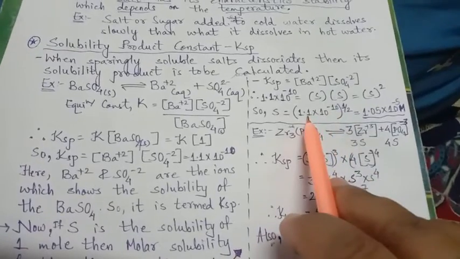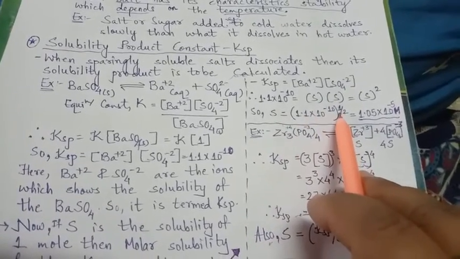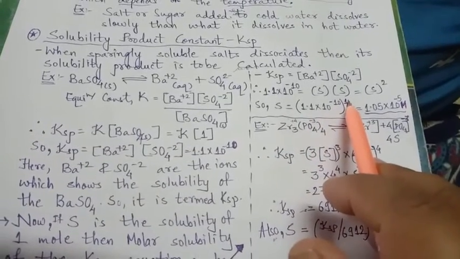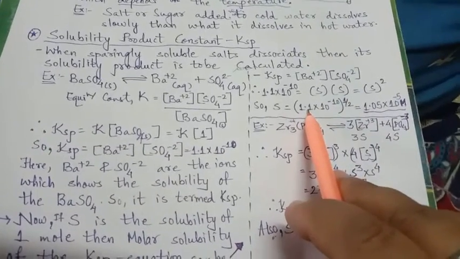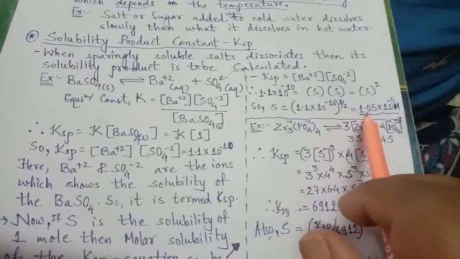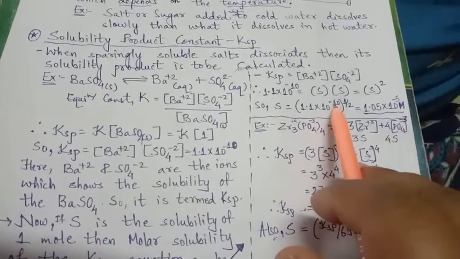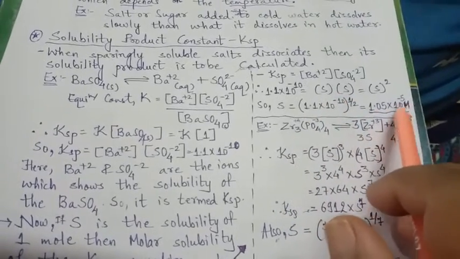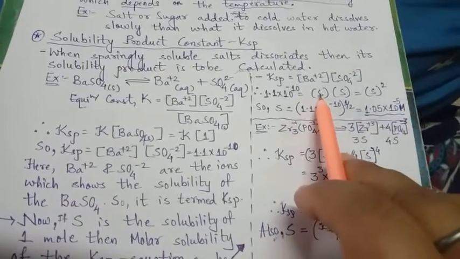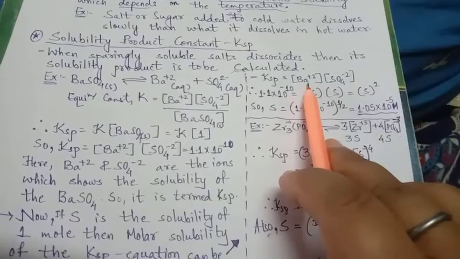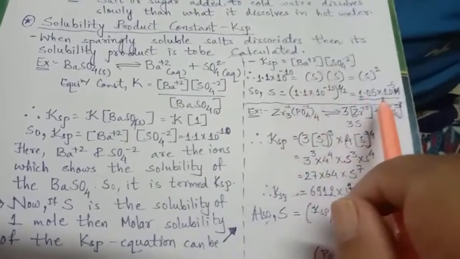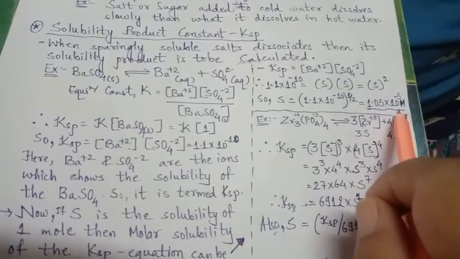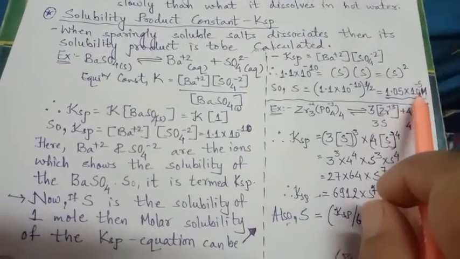When I take the root sign, it will be raised to 1 half. And 1.1 into 10 raised to minus 10, raised to half, will give about 1.05, and 10 raised to minus 5, because minus 10 into 1 by 2 gives minus 5. So the molarity of each respective ion here is 1.05 into 10 raised to minus 5 molar, or you can say mole per liter.